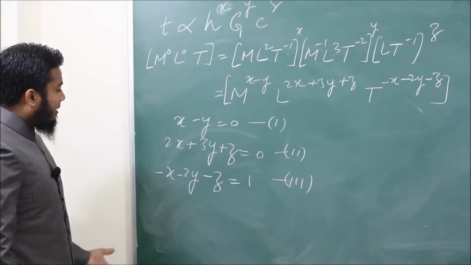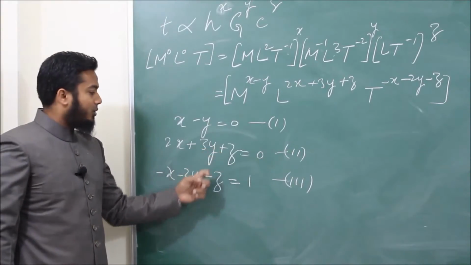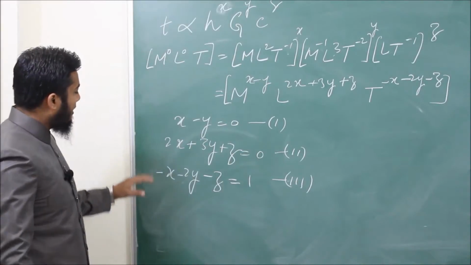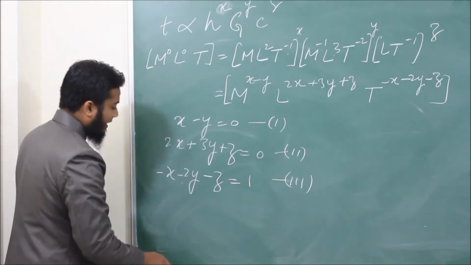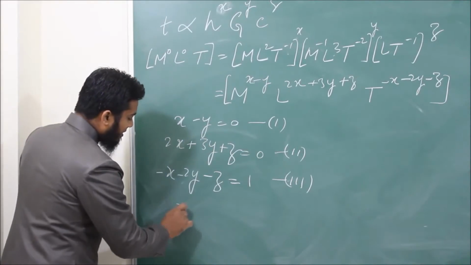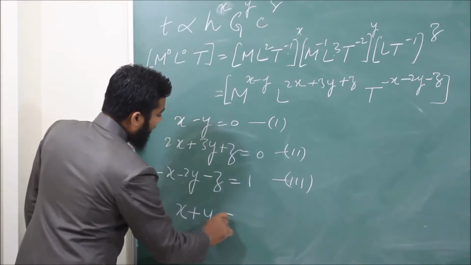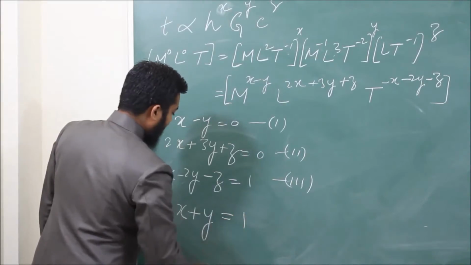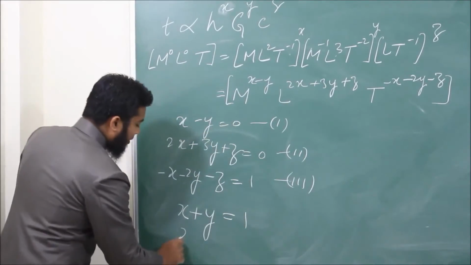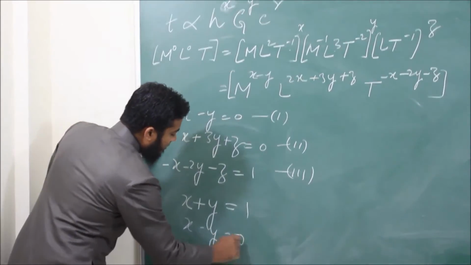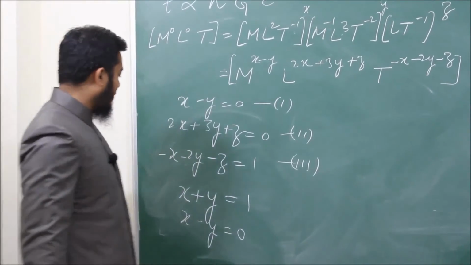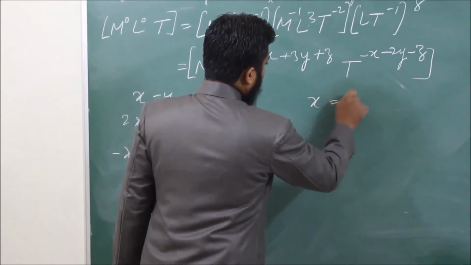Again, the same pattern appears. If you add equation 2 and equation 3, z will be eliminated. So 2x minus x is just x, and 3y minus 2y is just y, which is equal to 1. Now we have this equation also, equation 1, x minus y is equal to 0. From here you find the value of x as half.